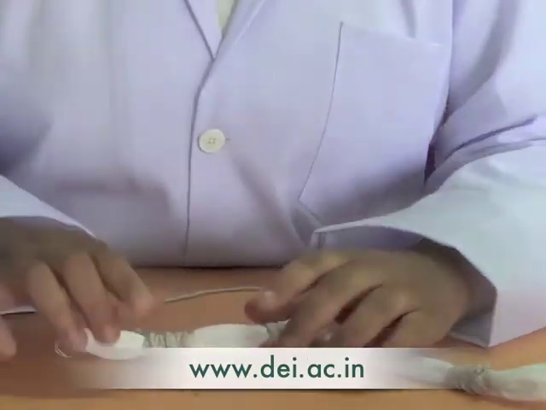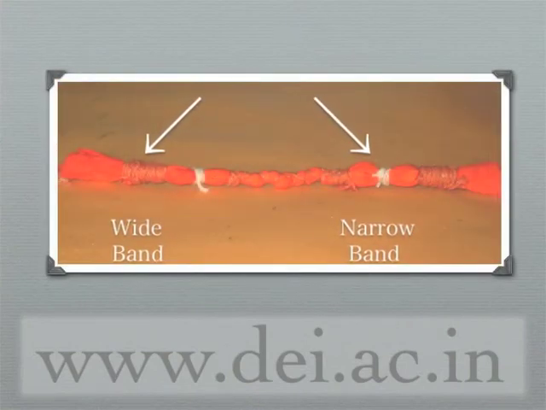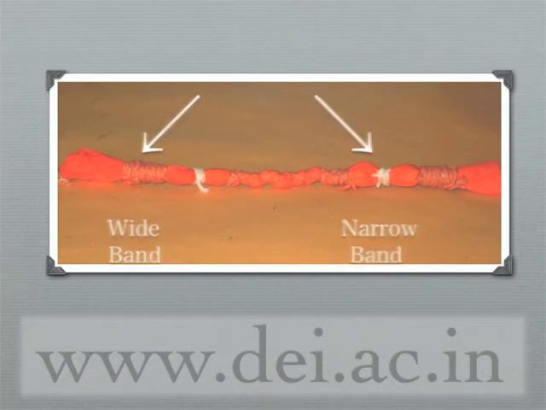Add another layer of binding, which may be applied in certain areas in wide or narrow bands before dyeing a second color.